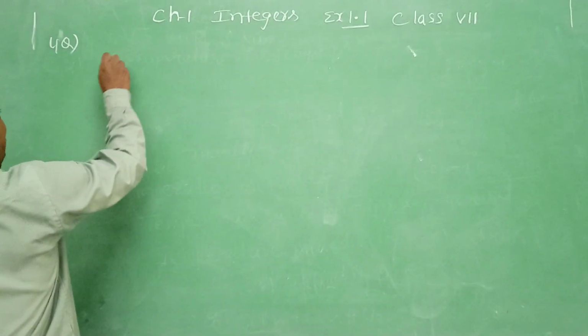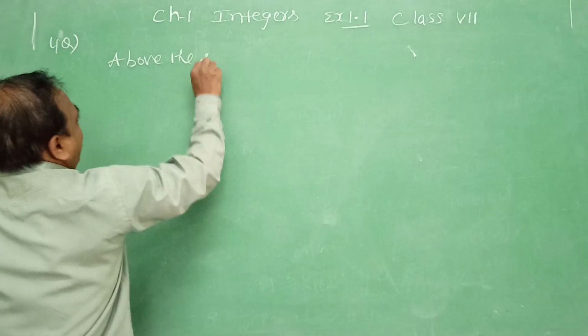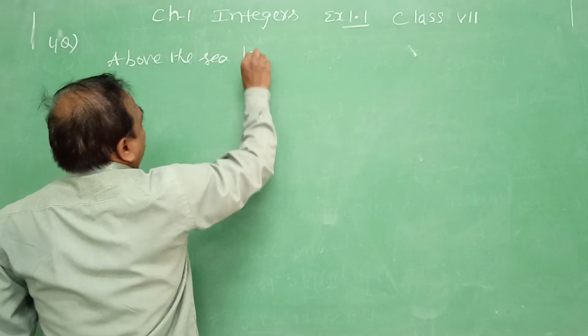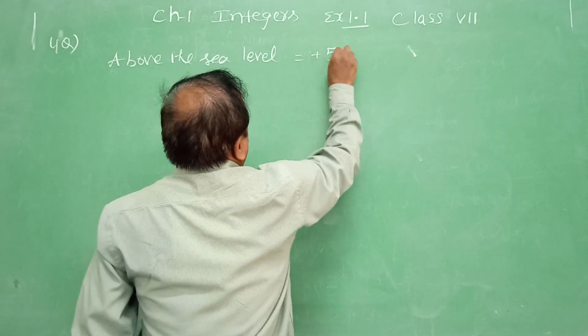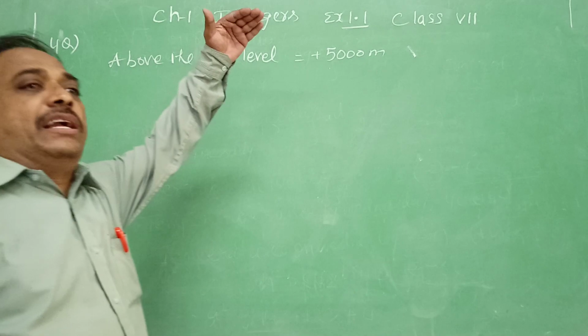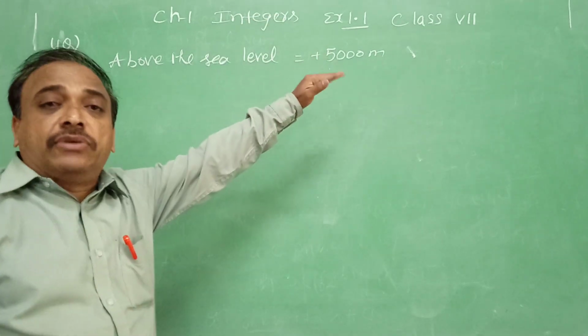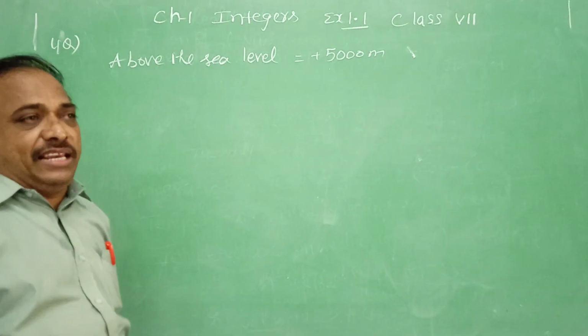So the flight is flying 5000 meters above the sea level, which is plus 5000 meters.